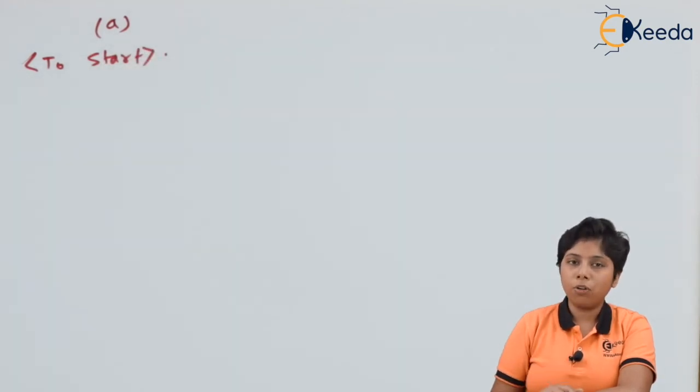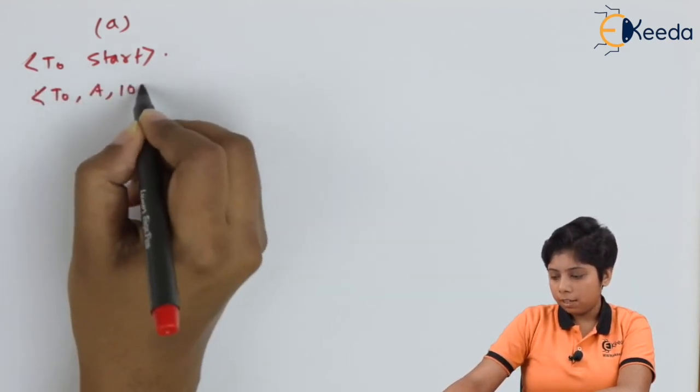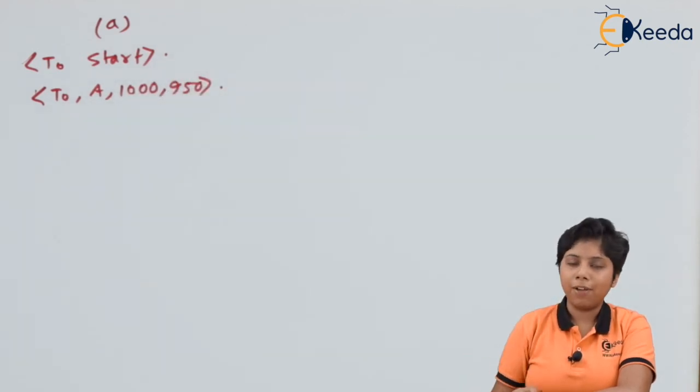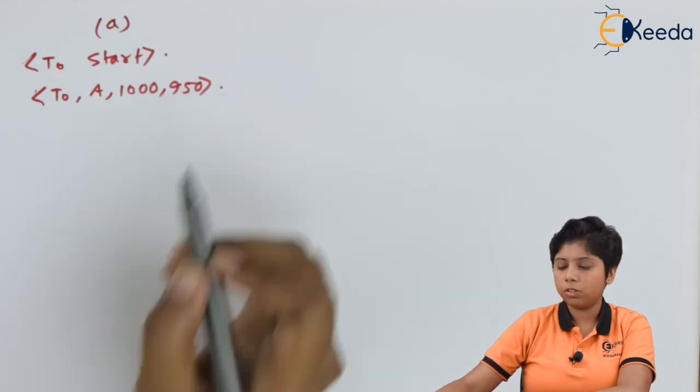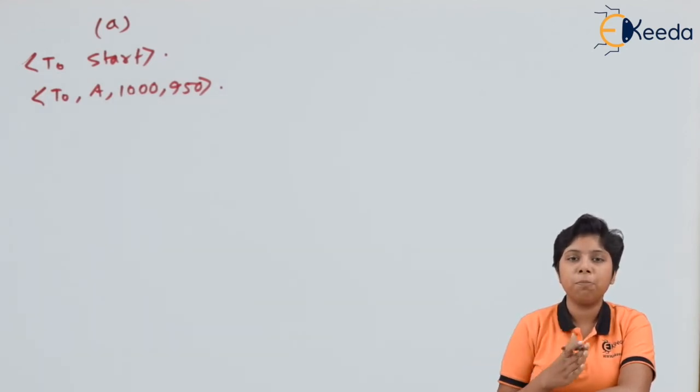Next it reads the value of A, updates it and writes the value of A. So now we can have T0, A, 1000, 950. Now again it writes the value of A. That means 1000 to 950 has been written to the database, as we are considering an immediate database modification.